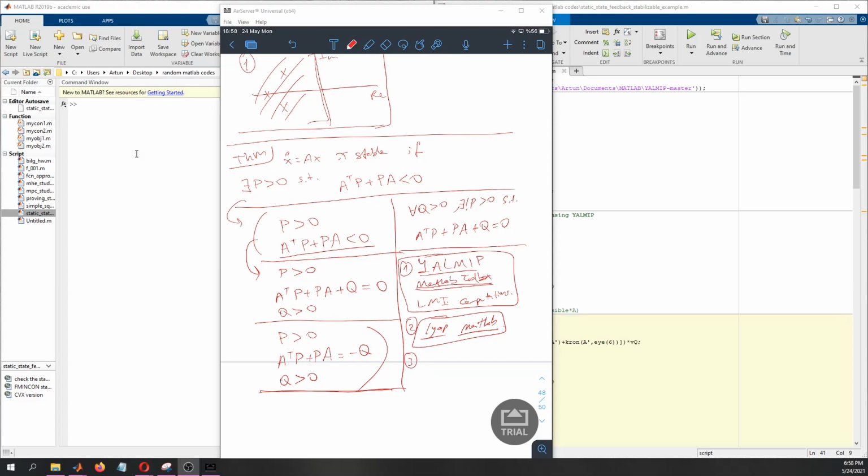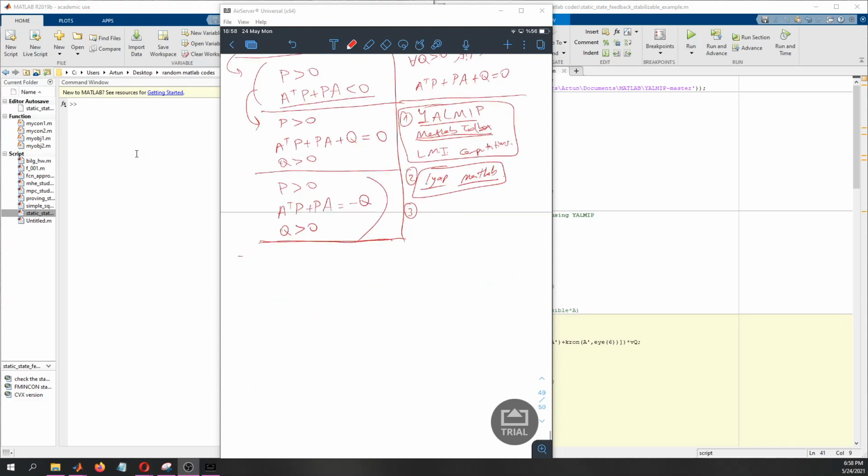You can also use another theorem based on the Sylvester equation. Let me expand on this. Let's talk about the Sylvester equation; of course there are other variations. This is AX plus XA, Hermitian in general, but here we use transpose, plus Q equals 0.